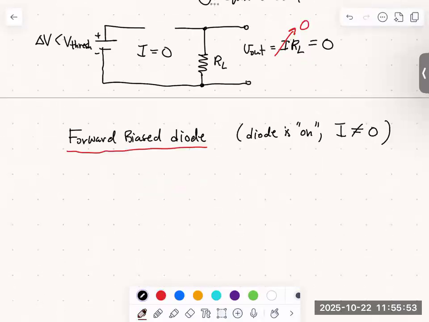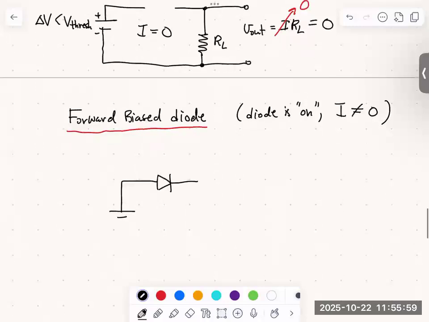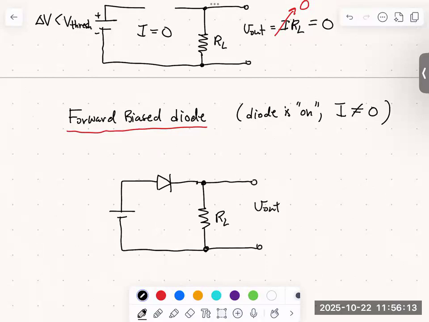But really the layout of the circuit is the same. We have our battery followed by our diode, and then we have our resistor. We're calling it RL. And we're going to measure our output as the voltage across this resistor, V out.